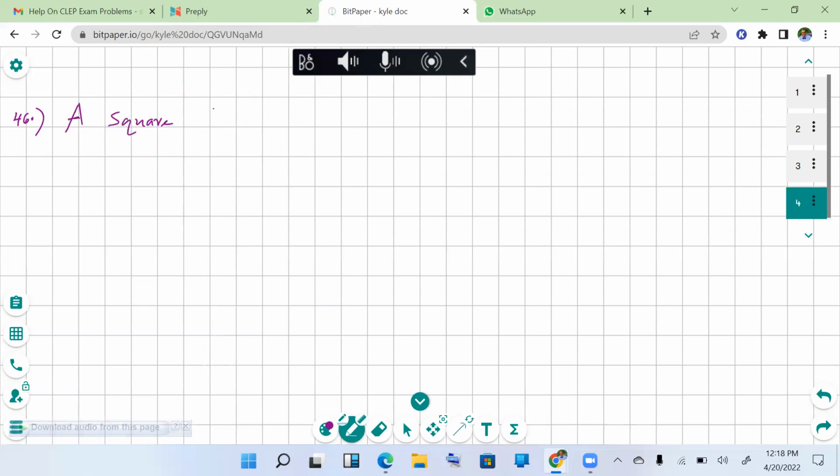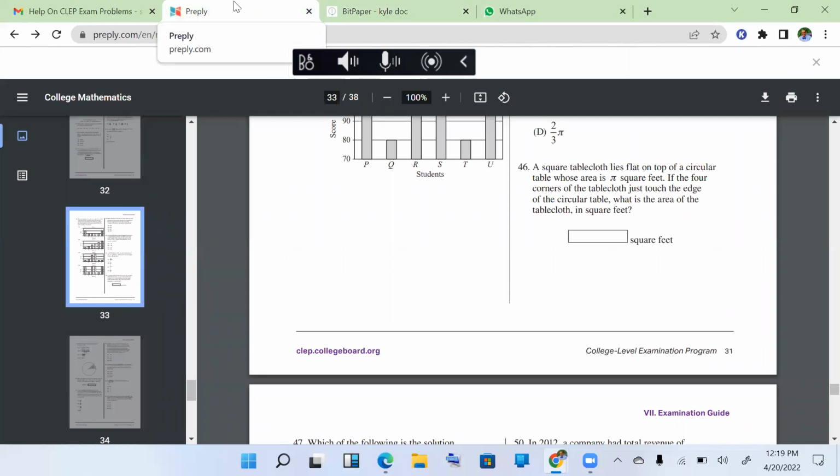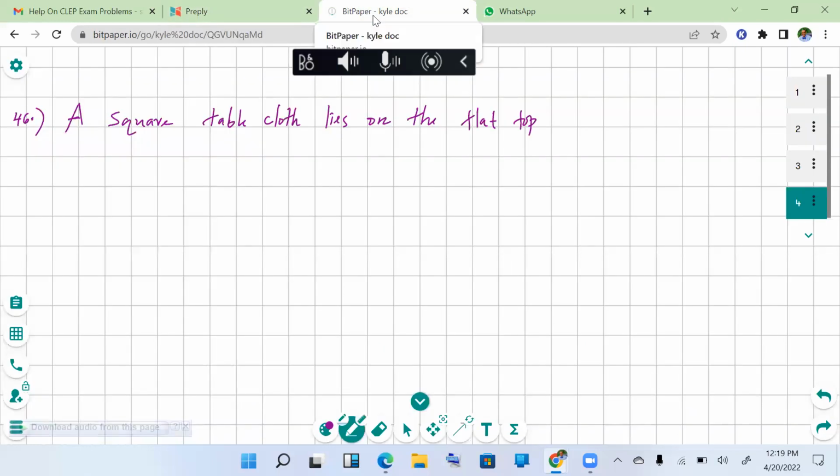A square tablecloth lies flat on top of a circular table.